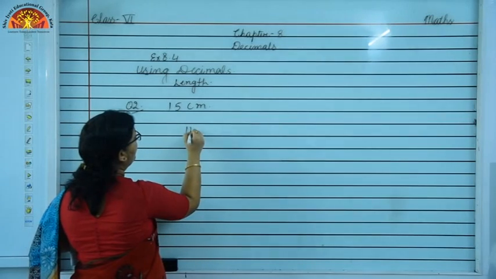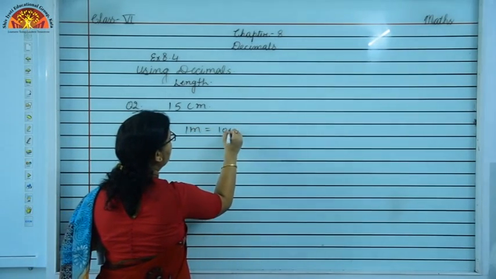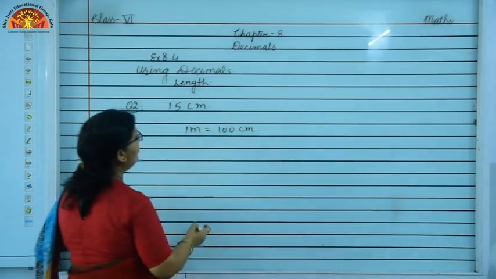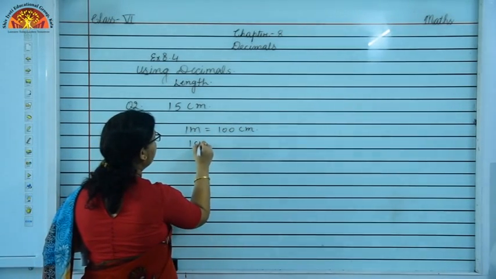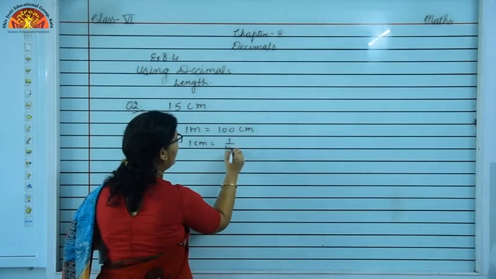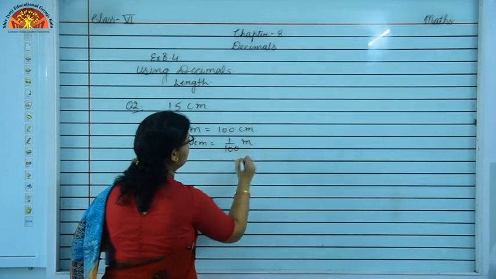Students, you know 1 meter is equal to 100 centimeter and we want to convert into meters. So 1 centimeter is equal to 1 upon 100 meter.